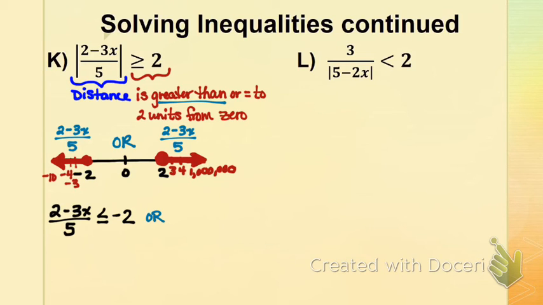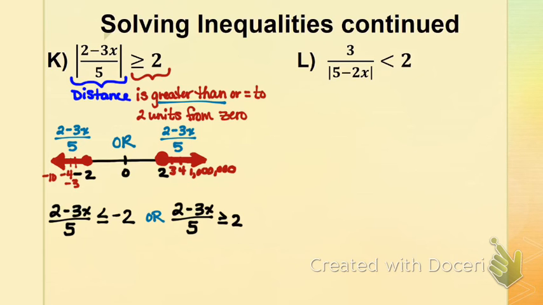Or that exact same expression, 2 minus 3x over 5, could be over here on the right side. How do I explain symbolically that it could be over here? Greater than or equal to. Absolutely. Let's solve these now.